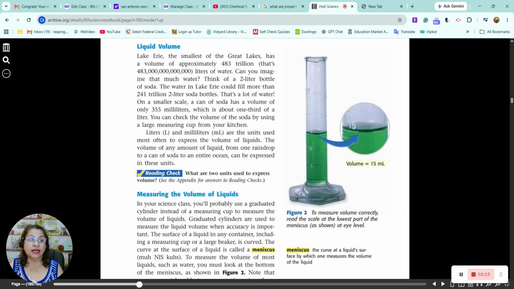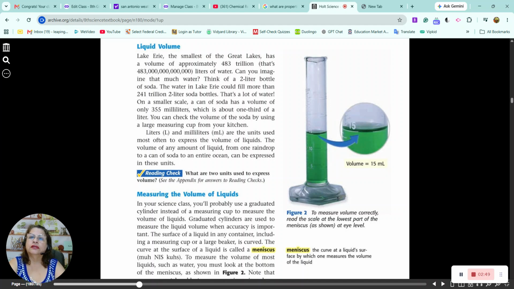If you're in the United States, you're familiar with your 2 liter soda bottles. Well, now they're making 1 liter bottles. If you're out of the United States, you know metric really well. And for those of us in the United States, we need to understand that when you're talking about science, you need to use metric. Okay?